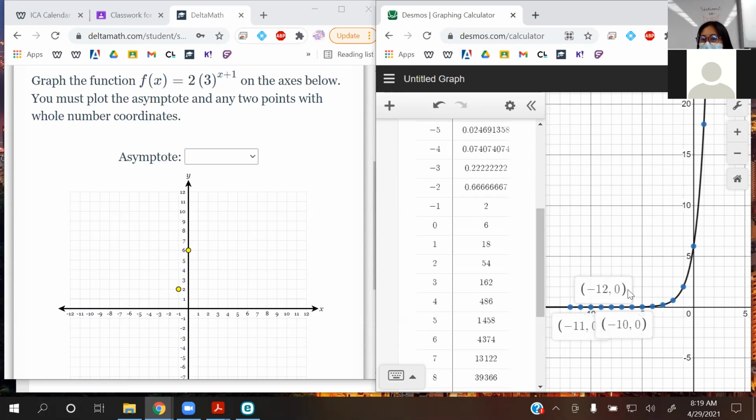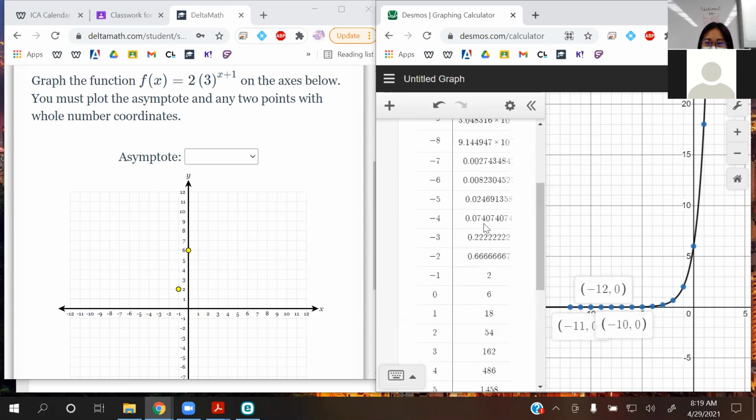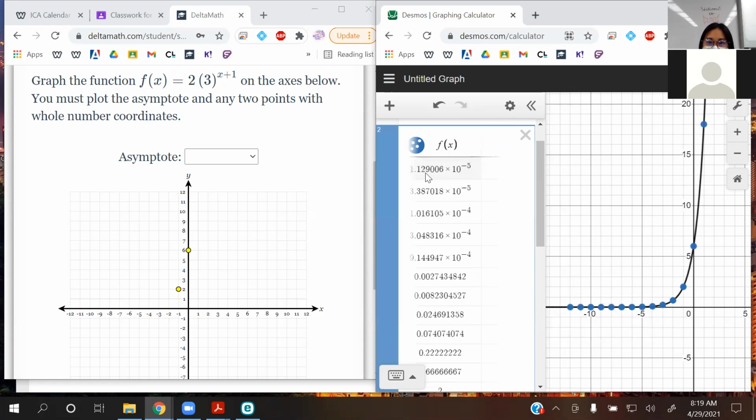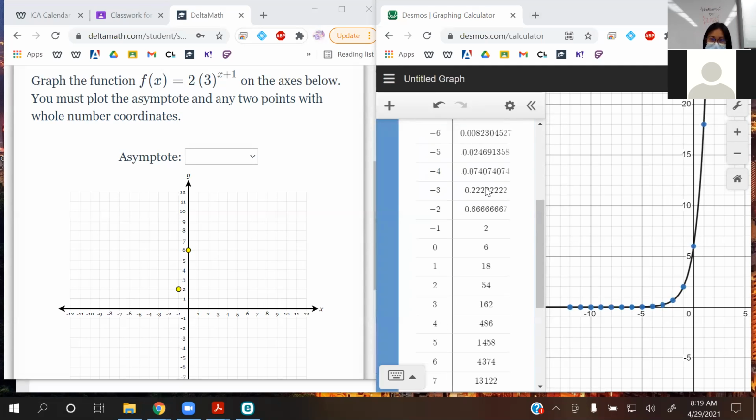I guess if you zoom out enough, it will just straight up tell you the y value because it's rounding it. If you look over here, it's not actually 0, it's just a really, really tiny number, like 1.129 and so on, times 10 to the power of negative 5. It's a really, really tiny decimal number, so it is really, really close to 0. And so that's another way you can tell it's 0.